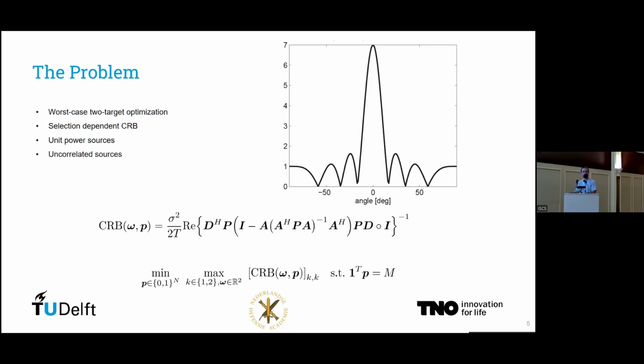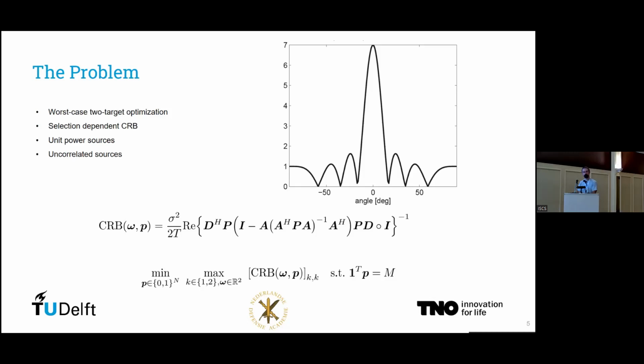And do you put some constraint for the sparsity? Because you just have one constraint. It means the location of the selected antennas is not known.